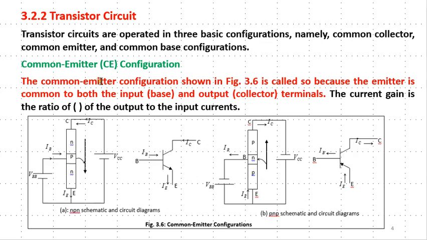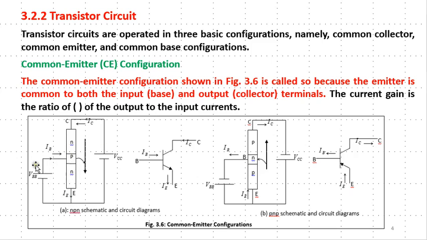Let's say the first one is common emitter configuration. What do we mean when a transistor is said to be in common emitter configuration? It simply means that the emitter terminal is connected to the input and the output at the same time. Look at this diagram.